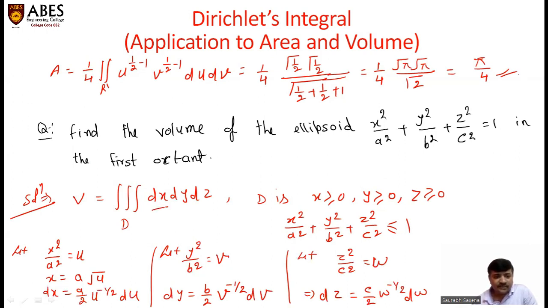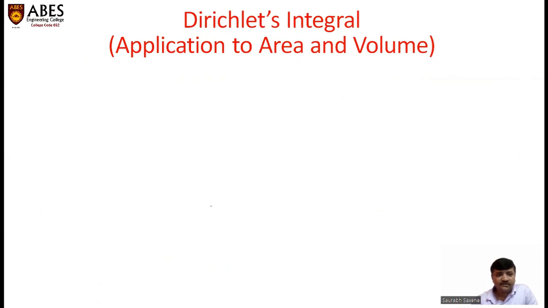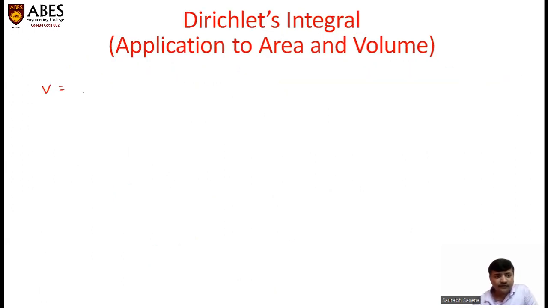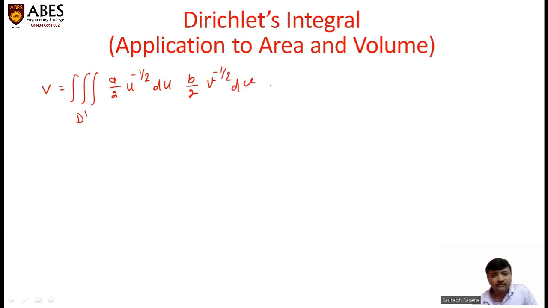We'll put these values here, dx, dy, dz. We'll get the volume as V is equal to, see, a by 2, b by 2, c by 2. We have to write the values like triple integral over D dash a by 2 u raised to the power minus 1 by 2 du, b by 2 v raised to the power minus 1 by 2 dv, c by 2 w raised to the power minus 1 by 2 dw.